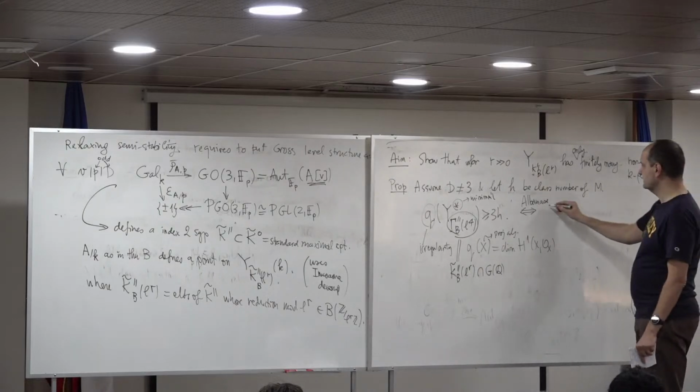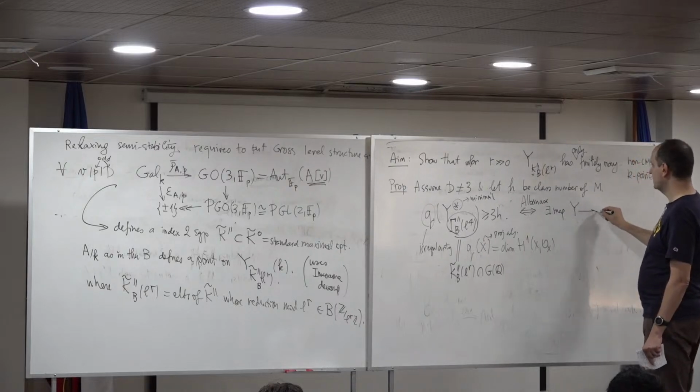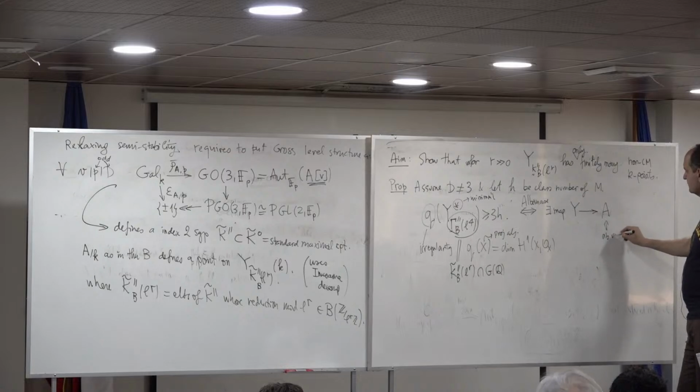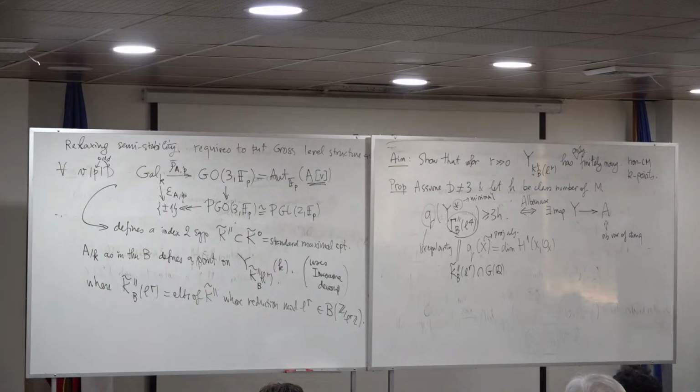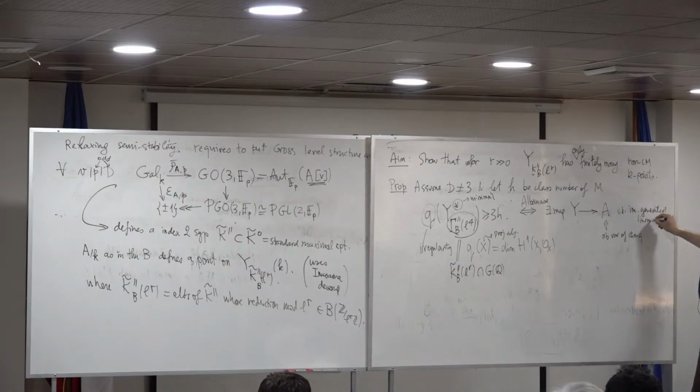So this means that there exists a map from our surface into an abelian variety of dimension q, such that the image generates the abelian variety linearly. The same thing that a curve does to its Jacobian.